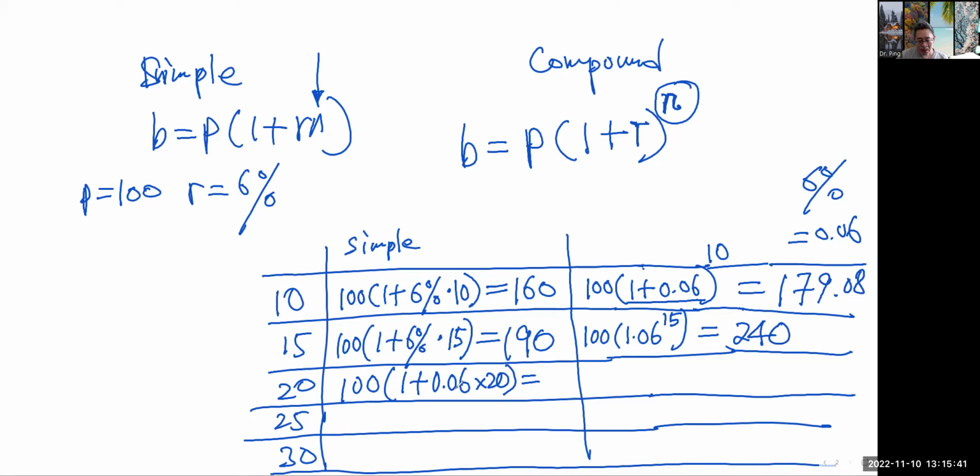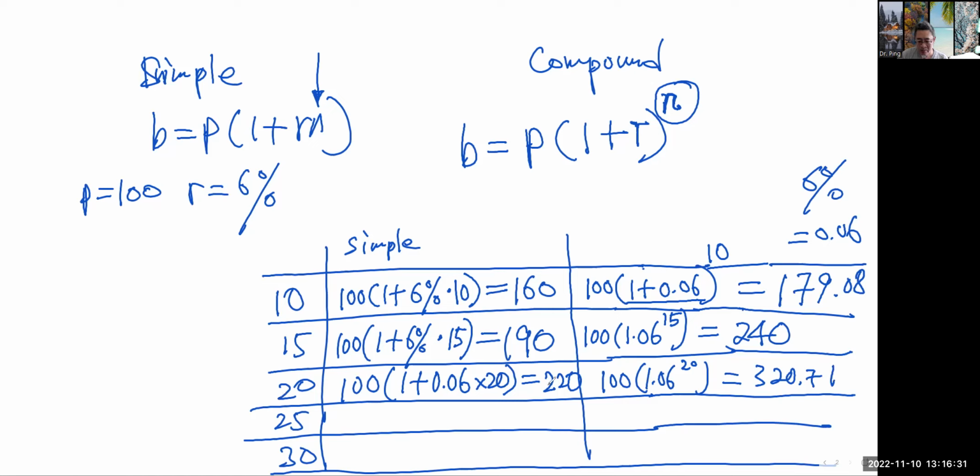So that's 1.2 plus 1, 2.2, times 100, 220. On the compound side, it's 100 times 1.06 to the 20th power. Let's see how big that is. Times 100, that's $320.71. So now you can see quite a difference at 20 years.